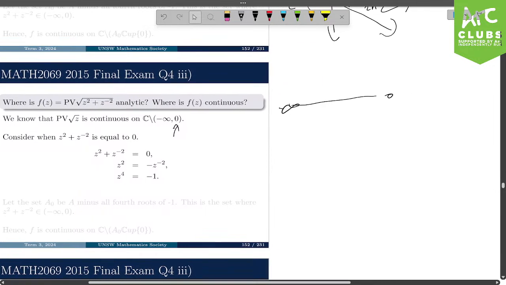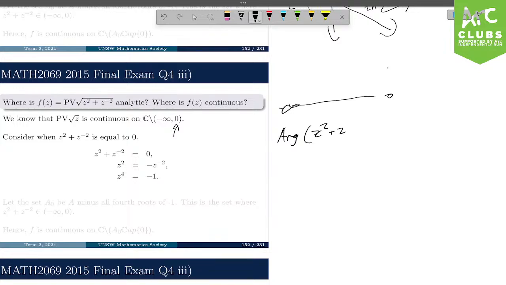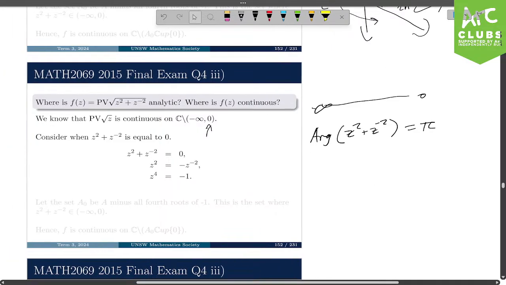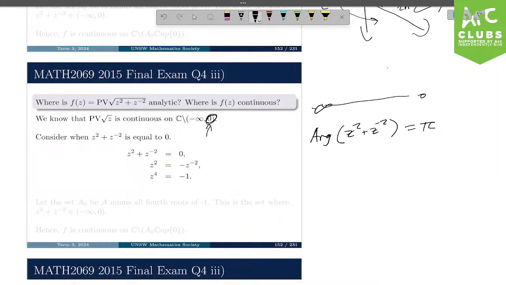And then, where's the ray from that? The ray negative. So really, we're just asking for when argument of z squared plus z to the minus 2 is equal to pi. Alright? We're just asking for that condition. And what we get is, first of all, z squared plus z to the minus 2 is going to be equal to 0 for the minimum case, in which case z to the 4 is equal to minus 1.